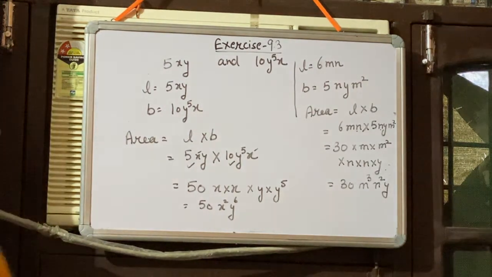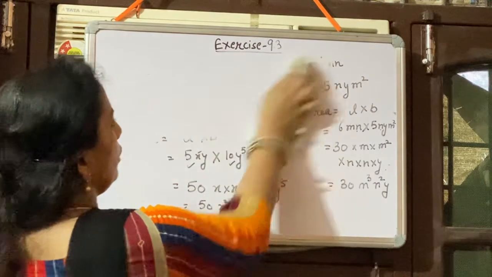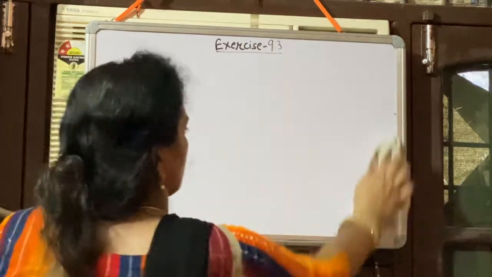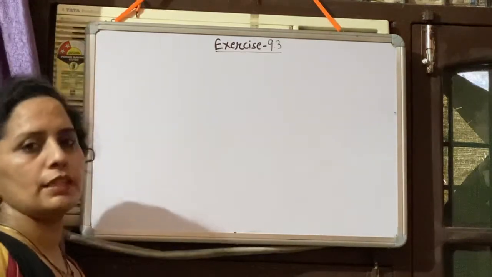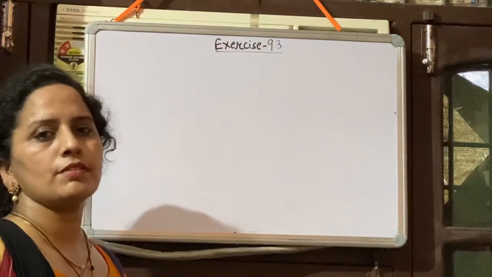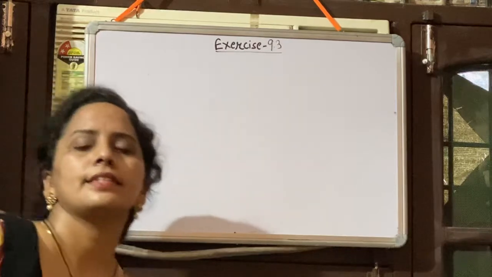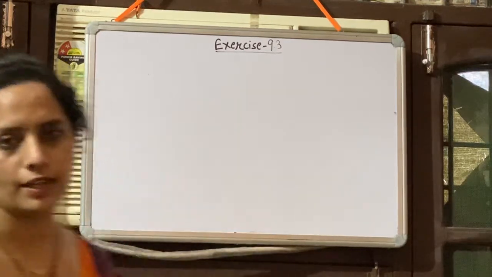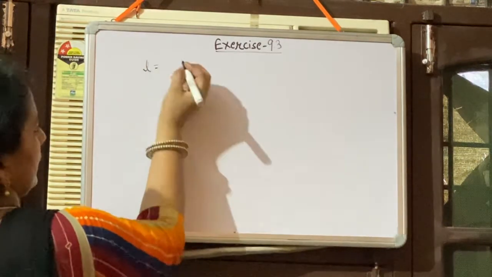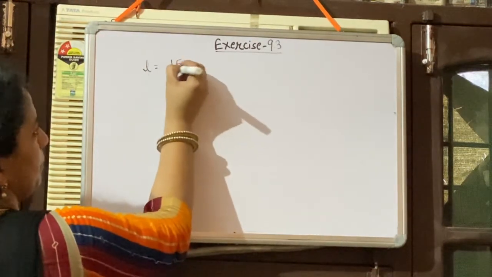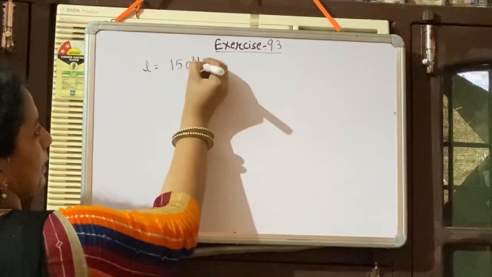The next question is, find the volume of a rectangular box. In volume, you are given 3 algebraic expressions. That means you can say the first is length, second is breadth, and third is height. Length is 15 a square b.